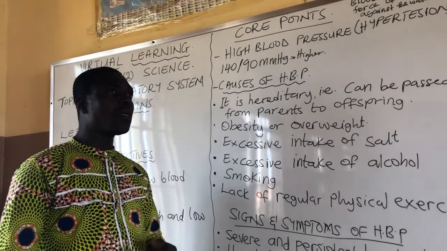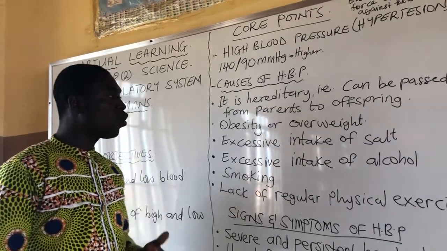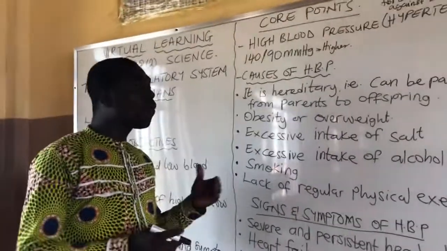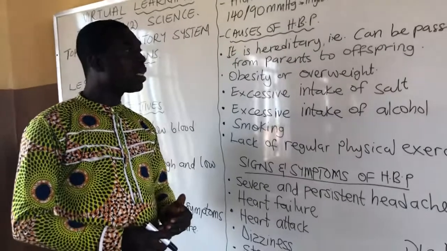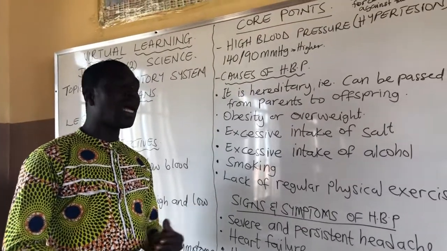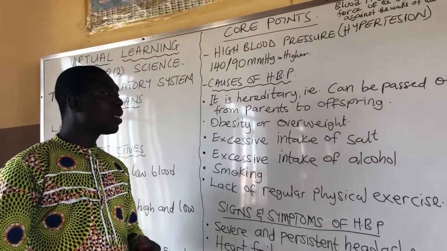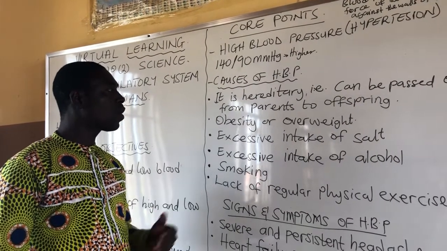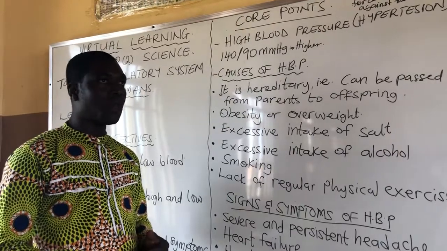This is because the veins or the tubes in which blood is supposed to flow, sometimes due to overweight or the fat in the body, block some of these veins or arteries, thereby making it difficult for the blood to flow, and it results into high blood pressure.